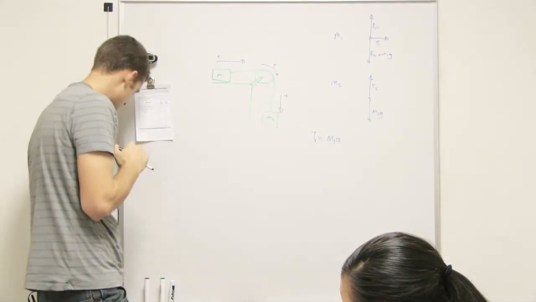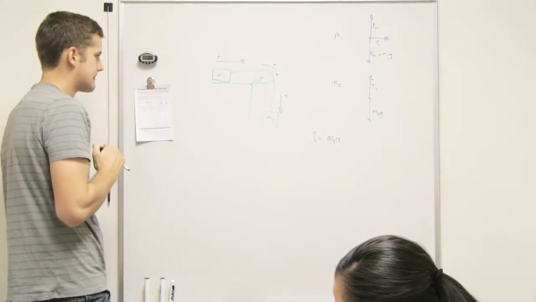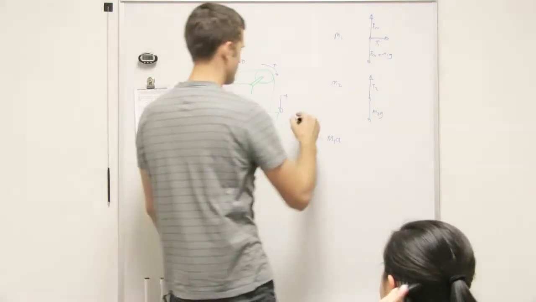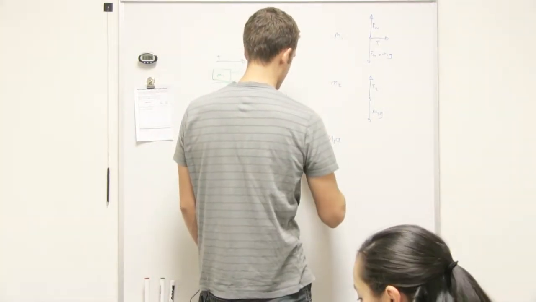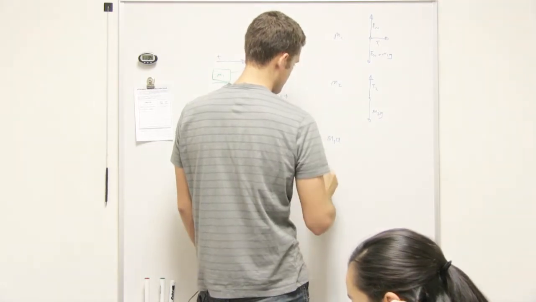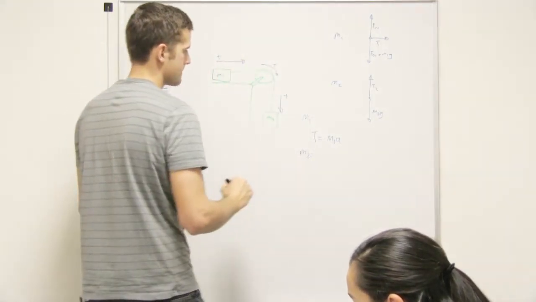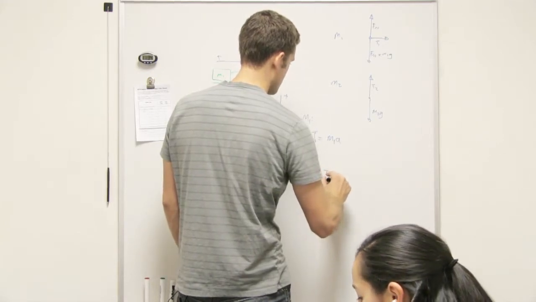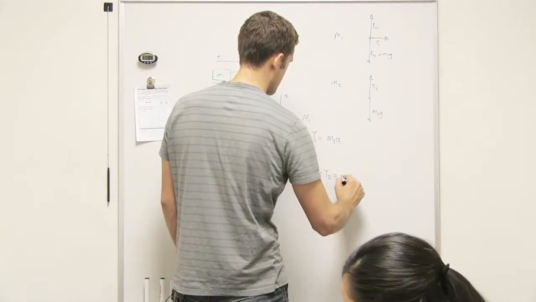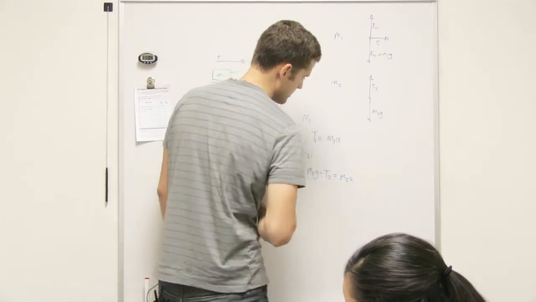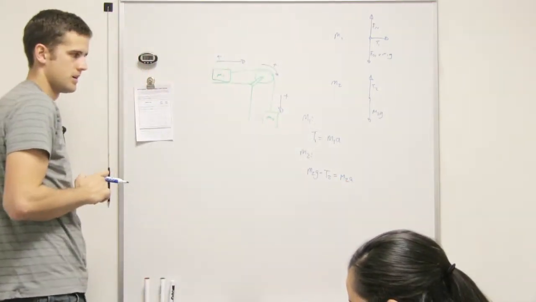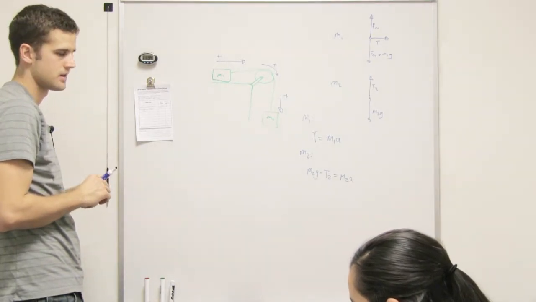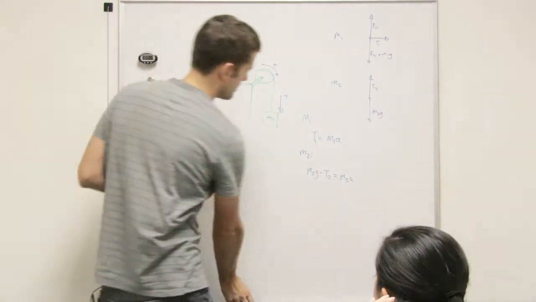And then for mass 2, I have 0 in the X direction. And in the Y direction, I have tension 2 minus mass 2 gravity. So tension 2 is equal to mass 2 acceleration plus m times g.